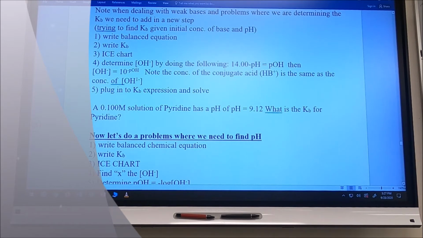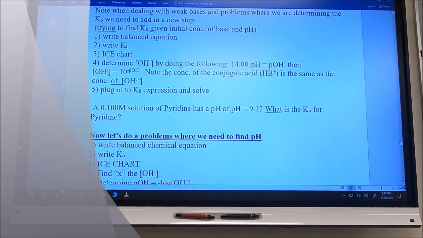Note that this is x in your ICE chart, so it's not only the concentration of the hydroxide ion, but also your concentration of HB plus, and you can use it to find the concentration of your initial weak base to begin with.